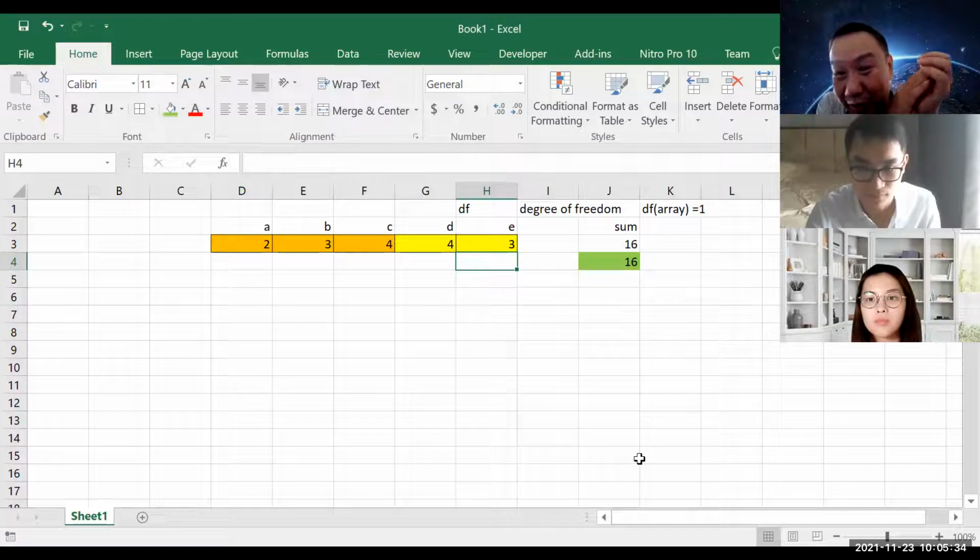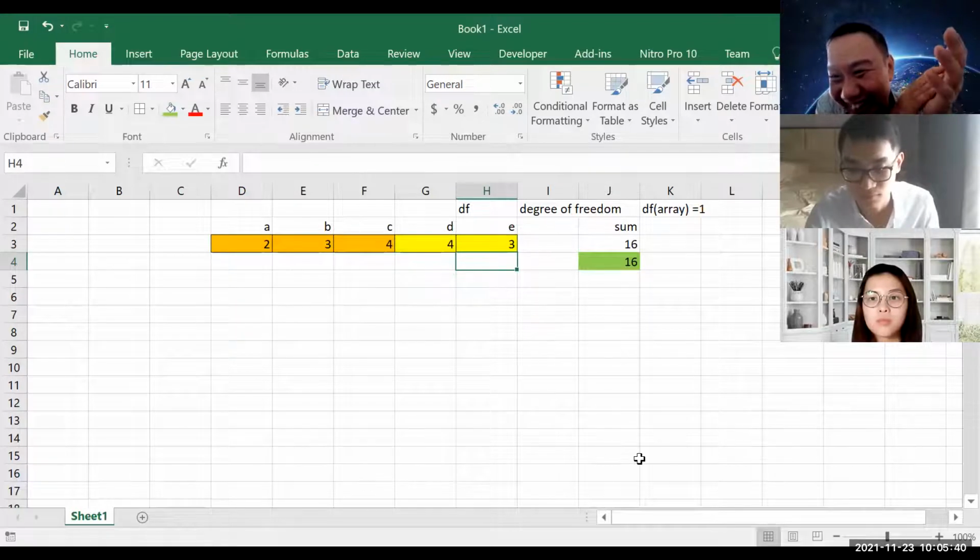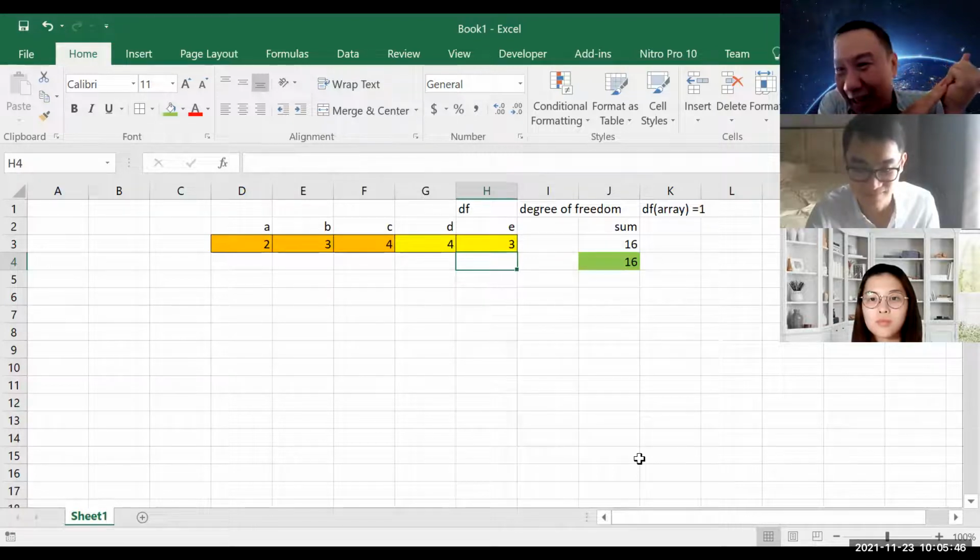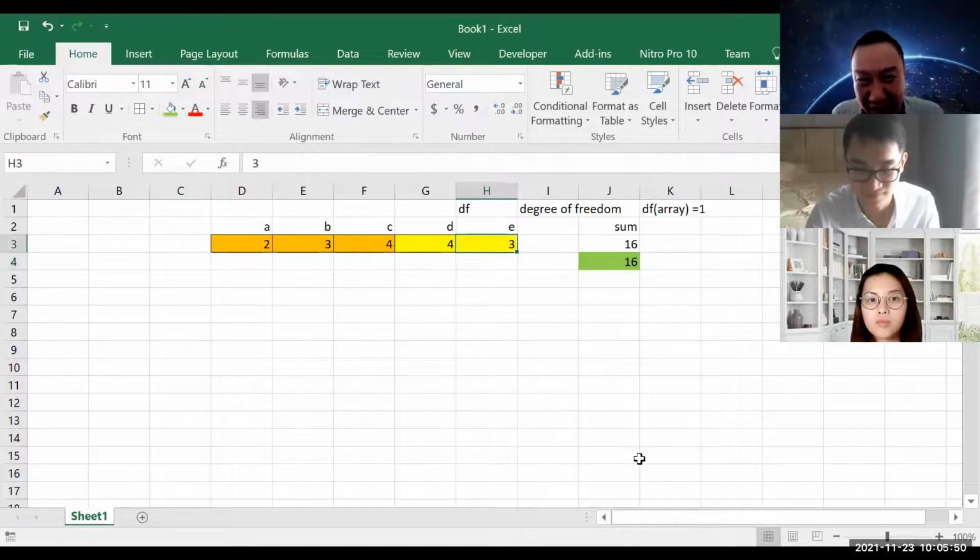Then the question is, what is the basis of your assumption? So, if you assume nothing, what will be the value here? That's the good question.